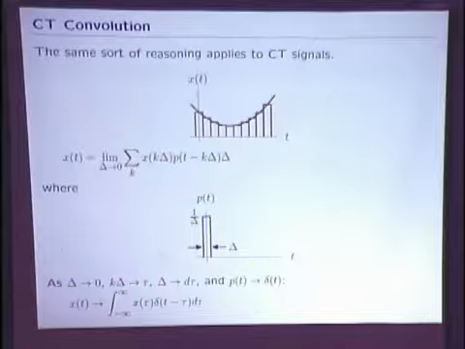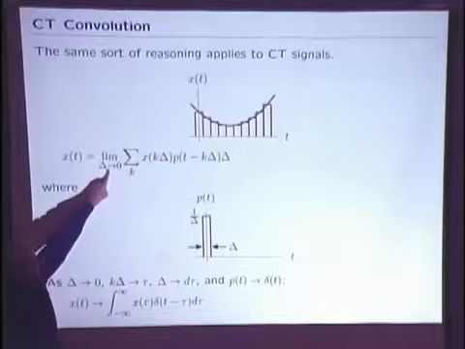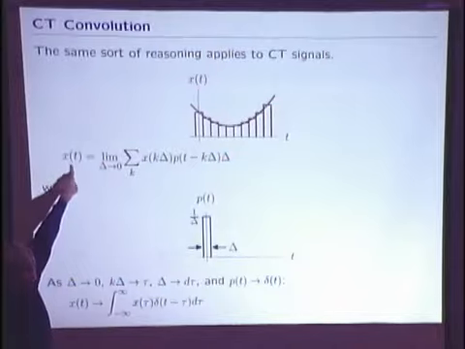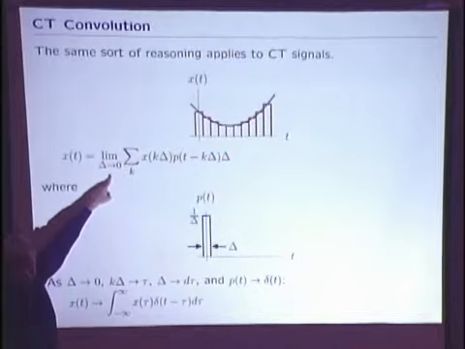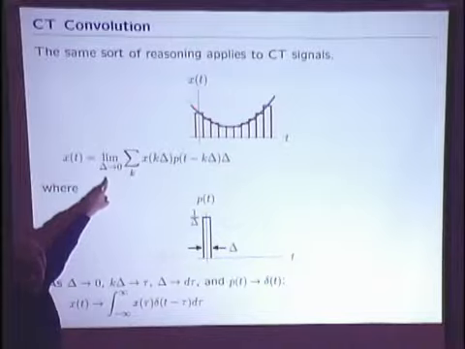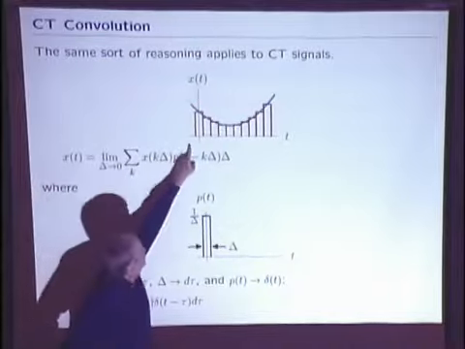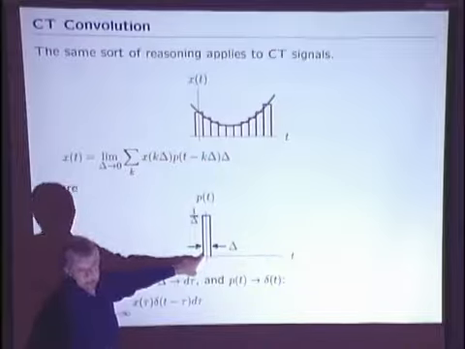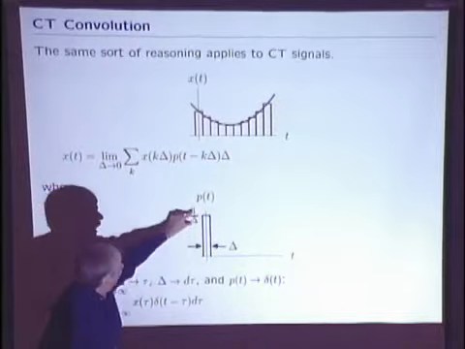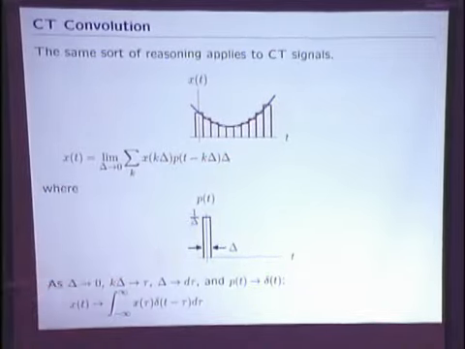If you did that, you would get an approximation to the signal x, which could be written as a limit. So if you think about each of these being of width capital delta, then the height has to be 1 over delta, so the area remains 1.